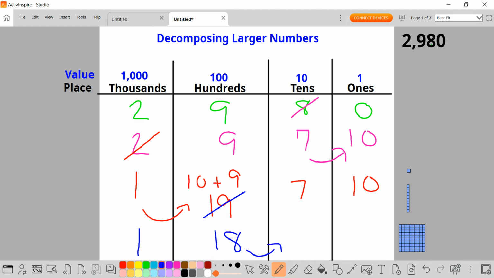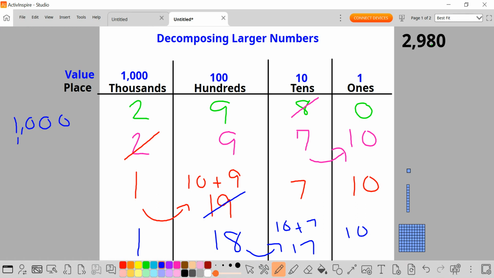So if we think about how many tens does it take to make 100, right? We need 10. So I'm going to have 10 tens over here, plus the 7 I already have, which gives me 17 tens. And I still have 10 ones. So now there are 1,000, 18 hundreds, 17 tens, and 10 ones. 1,000, that's a value of 1,000.